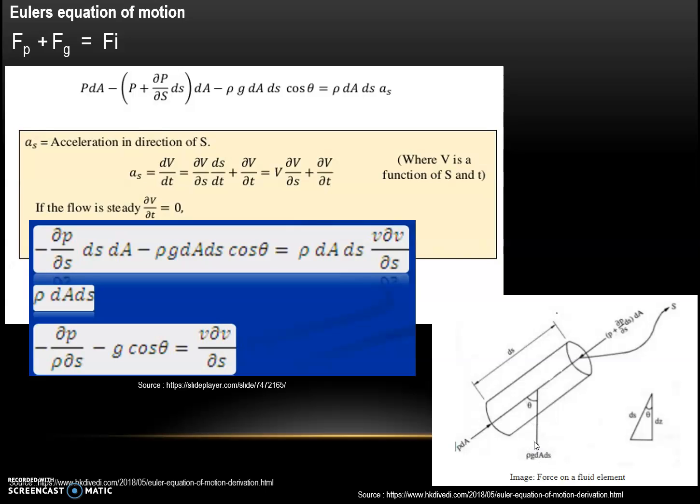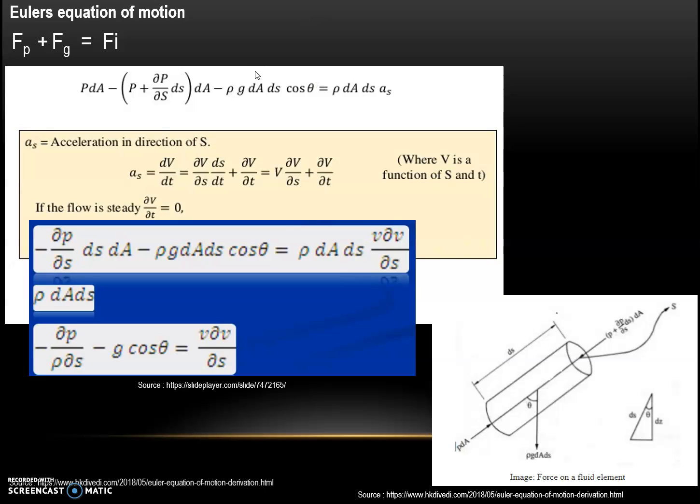We know that W is equal to rho g dA ds, and this is acting at an angle theta from the direction S. So the component of this weight along the S direction will be rho g dA ds into cos theta.